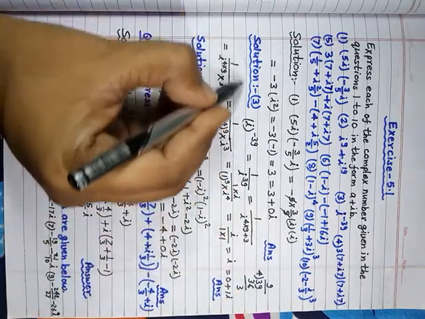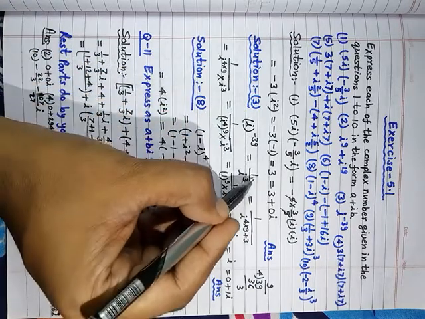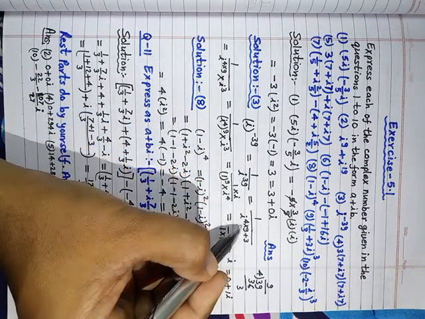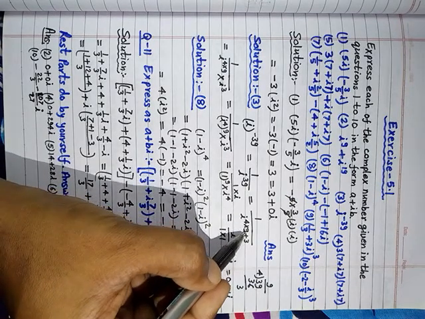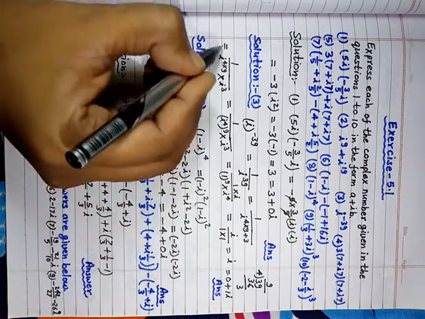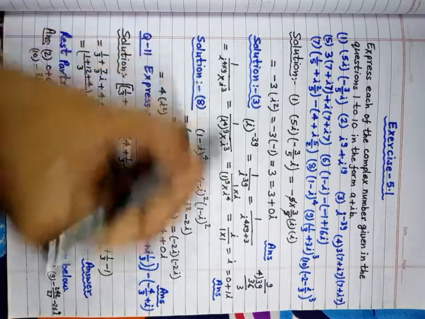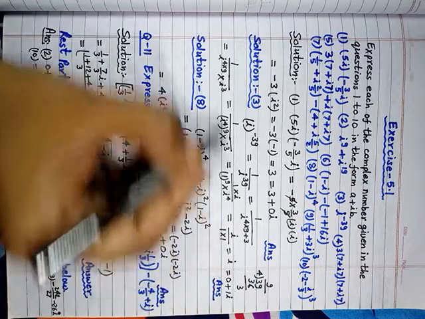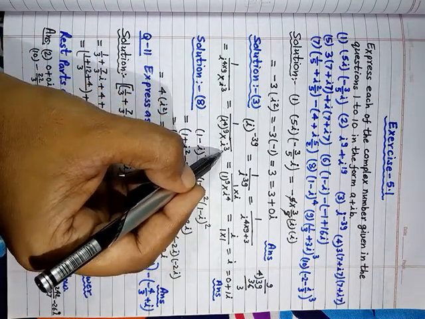Answer. Solution of the third part: i to the power minus 39 is equal to 1 upon i to the power 39, and 39 may be represented as 4 into 9, 36, plus 3, 39. So 1 upon i to the power 4 into 9 into i cubed, because in multiplication powers are added. So it is 1 upon (i to the power 4) to the power 9 into i cubed.